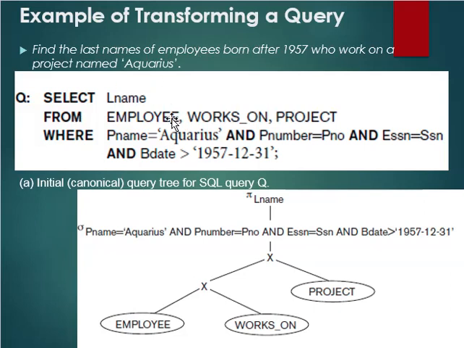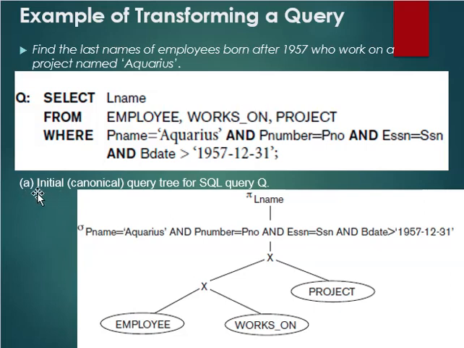This will be the query you can find from the given database schema. Select L name from employee, works on, project where P name equal to Accuracy, P number equal to P number, ESSN equal to SSN, birth date is greater than 1957-12-31. If you refer to the textbook, you can see the schema for this particular query.